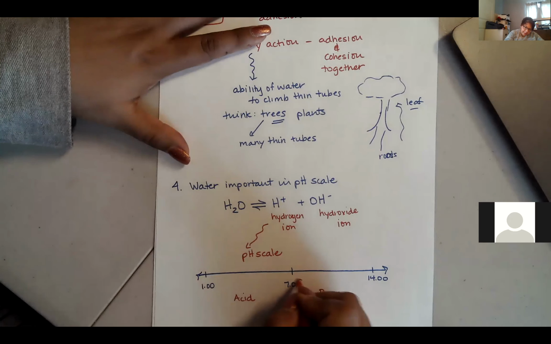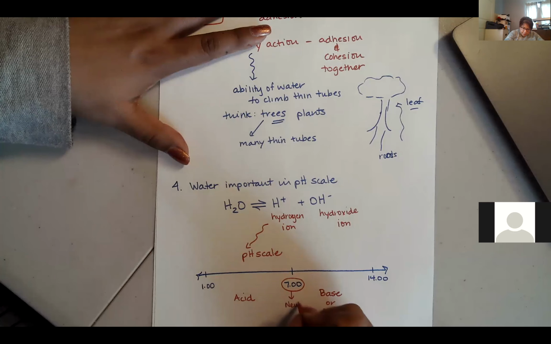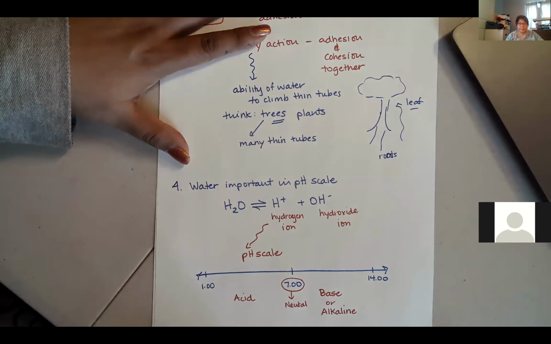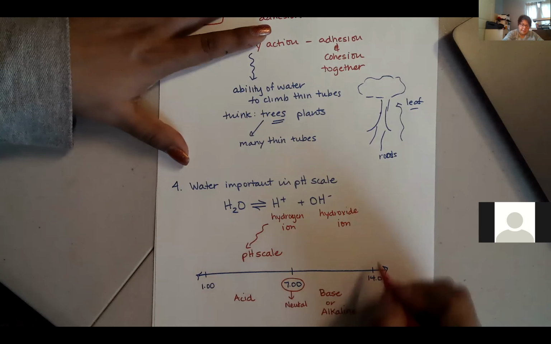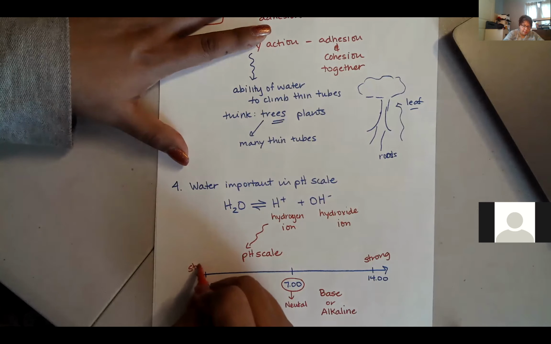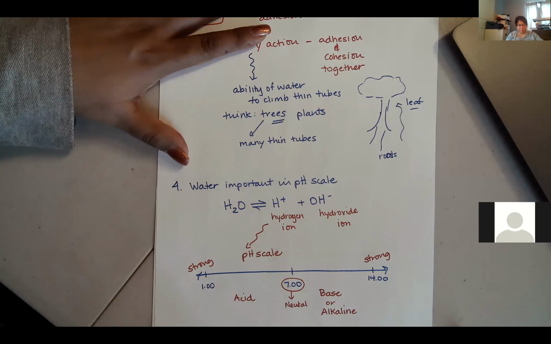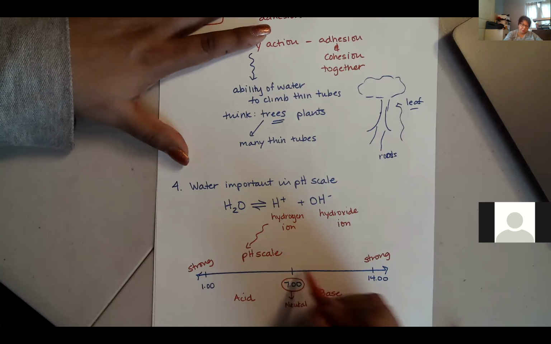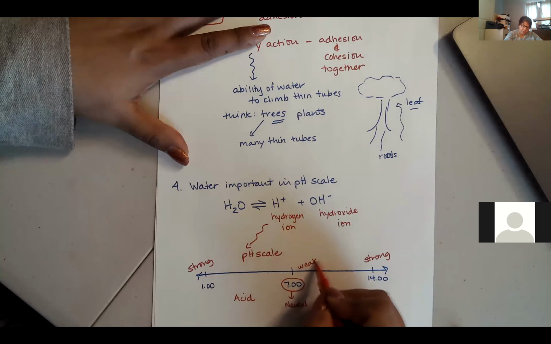If you are exactly 7, you're considered neutral. You're not an acid, you're not a base. The further you get from 7, the stronger you are an acid, or the stronger you are a base. The closer you get to 7, the weaker an acid, the weaker the base.